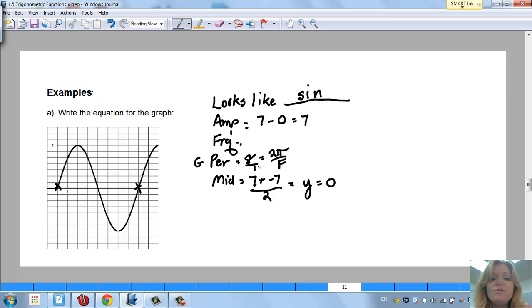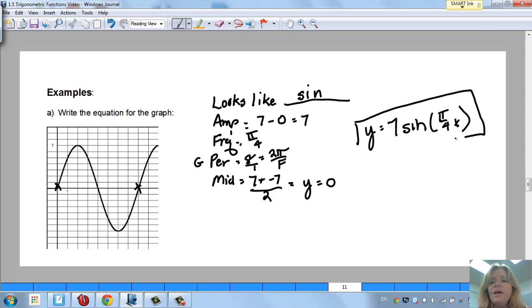Flip their places or cross multiply, you end up getting pi over 4. So the formula would be y equals 7 sine pi over 4x. And I could say plus 0, but I don't need to. So we had already done that one before, so I just wanted to have that for you.